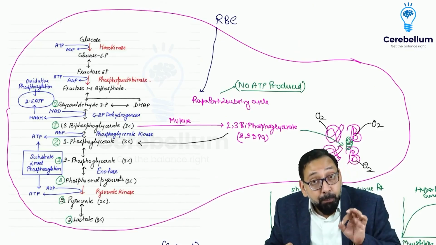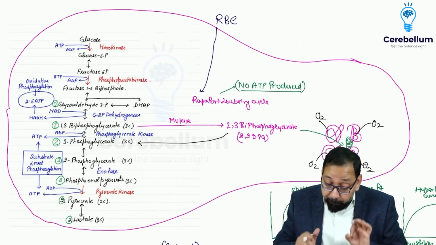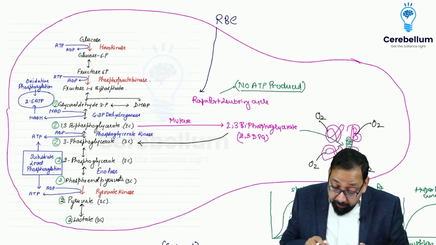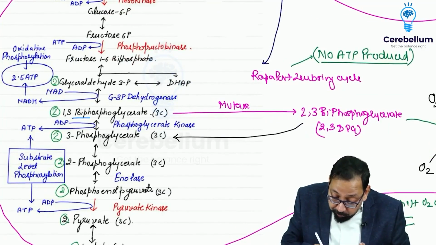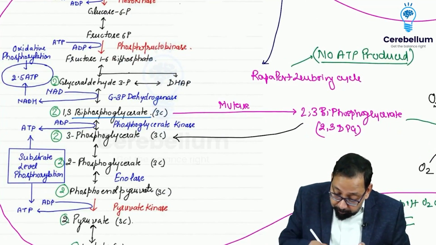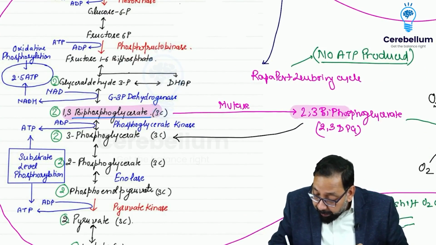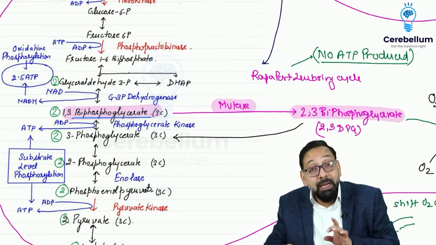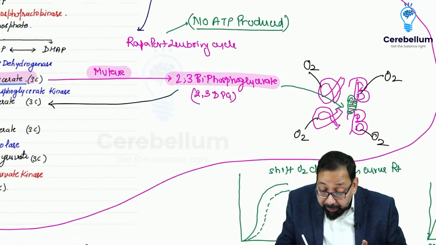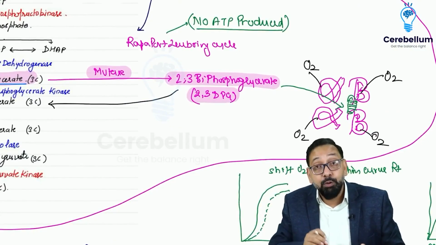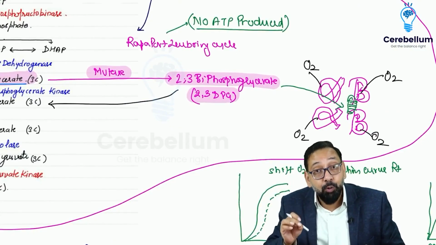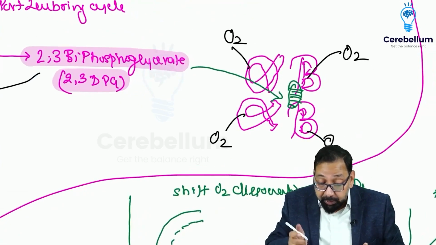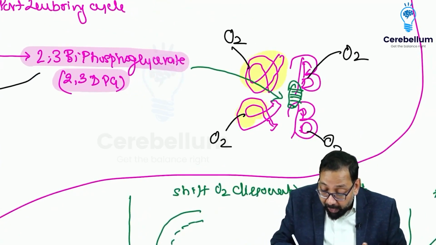Now we come to the Rapoport-Luebering cycle, in which, in RBC, 1,3-bisphosphoglycerate is converted to 2,3-bisphosphoglycerate by the enzyme mutase. 2,3-bisphosphoglycerate, or 2,3-BPG. In physiology, we have read that hemoglobin has 4 globin chains, 2 alpha and 2 beta.